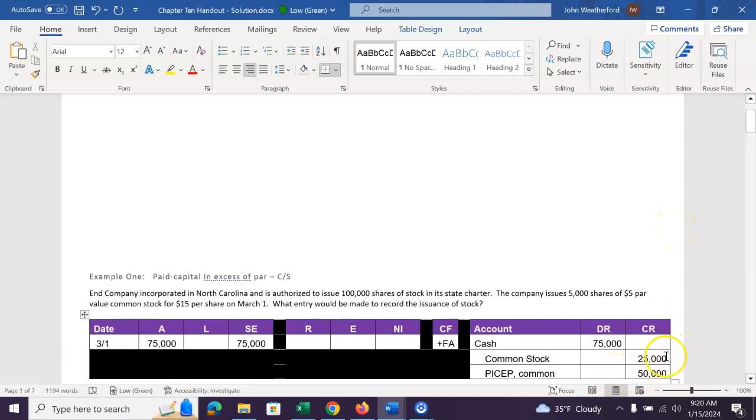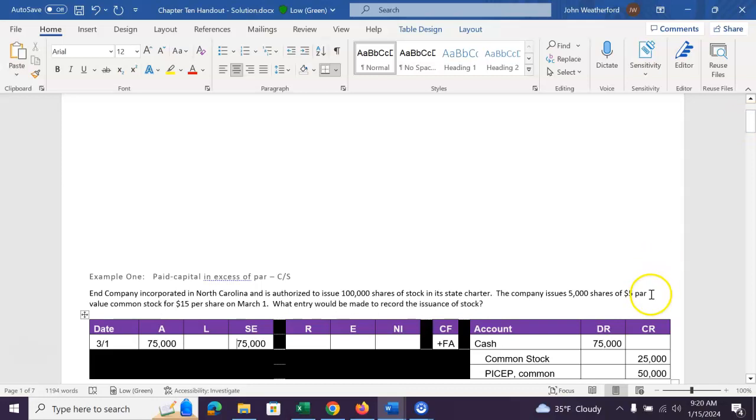Now, both of these are stockholders' equity accounts, and they'll both increase on the credit side. Now, that's cash coming in from a financing activity. And of course, the asset cash increased to $75,000, and in total, our two stockholders' equity accounts increased by $75,000 as well.